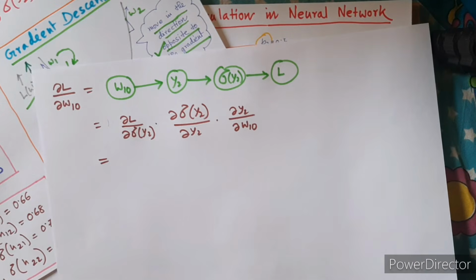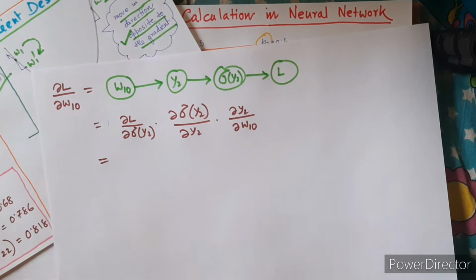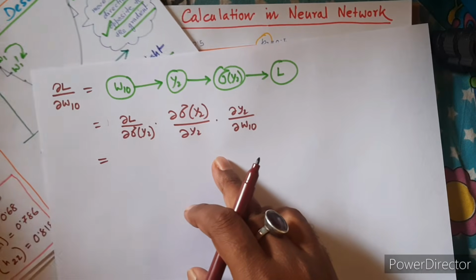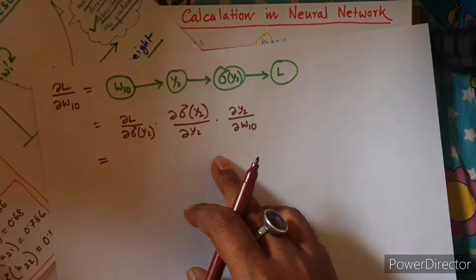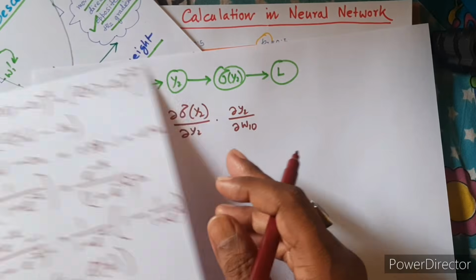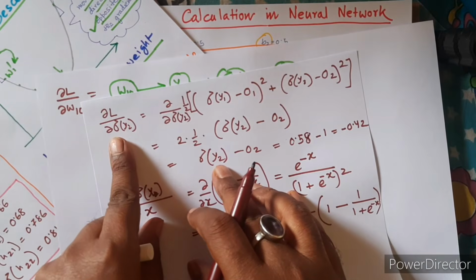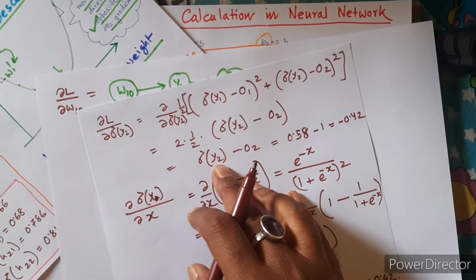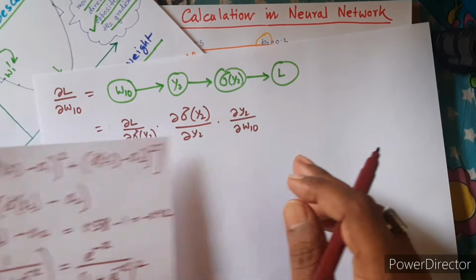So now you don't need to calculate it again, you can reuse it. That's why I have taken these weights. So what is the derivative of L with respect to sigma of Y2?